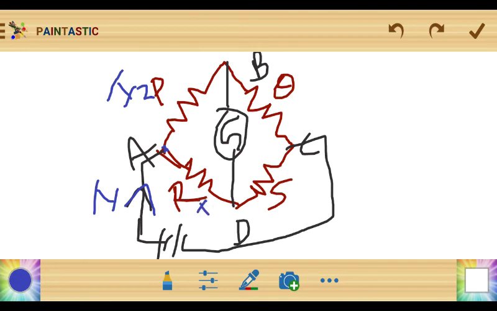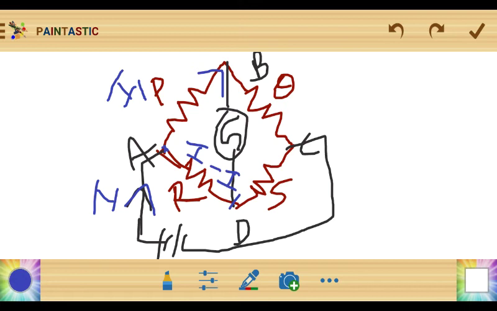Sorry, my mistake, I'll name it I1. Let's say current I1 is flowing in the AB arm. So how much current is left? The left part of the current will flow in R, so it will be simply I minus I1.